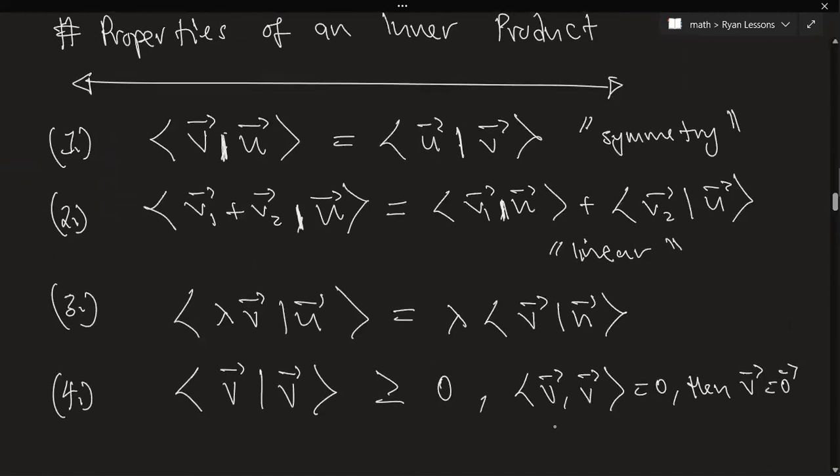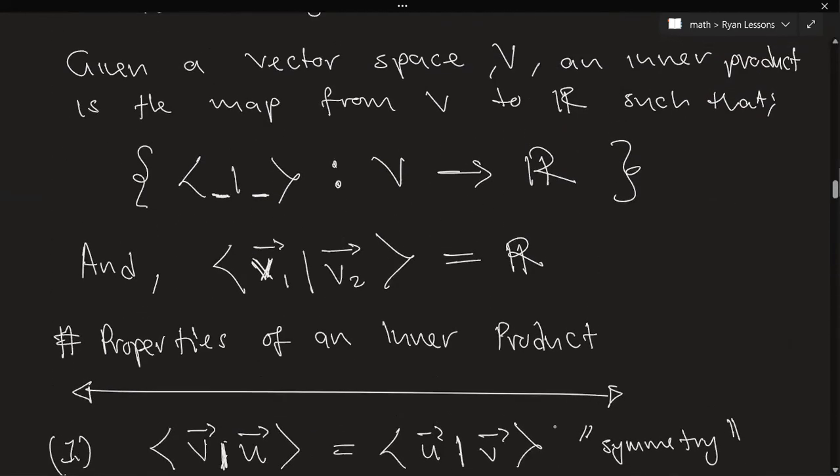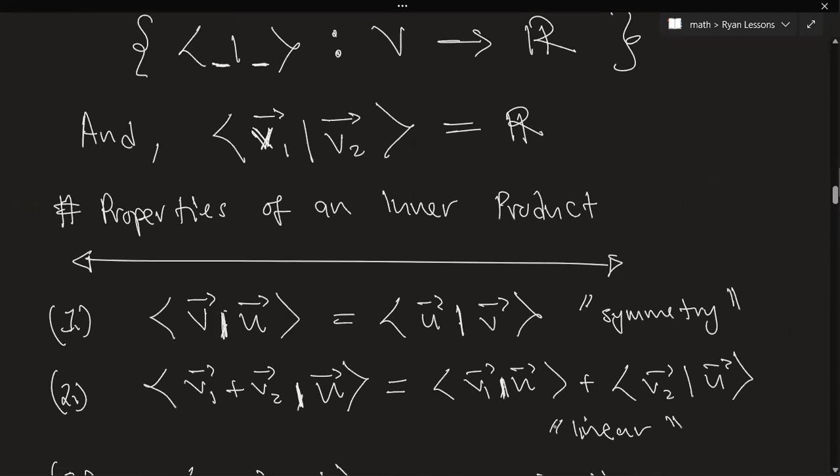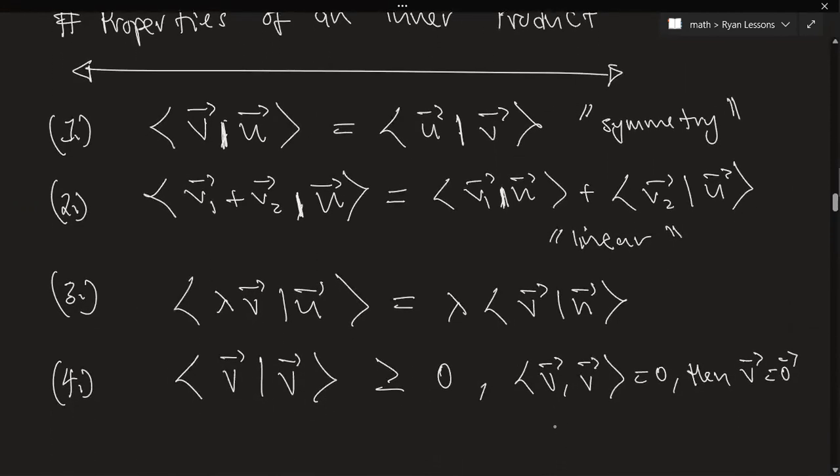But now we've seen that the inner product is a map which takes us from V to R, and it has these properties. But how do we actually perform an inner product between two elements coming from a vector space? How do we construct a real number out of that? To construct a real number out of two elements of a vector space is something that is distinct depending on the vector space that you are dealing with.